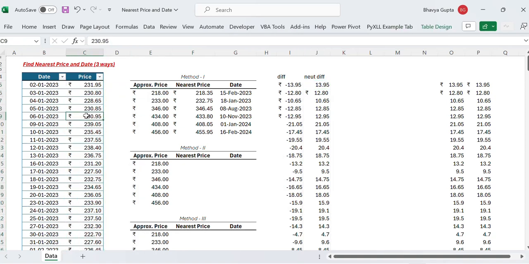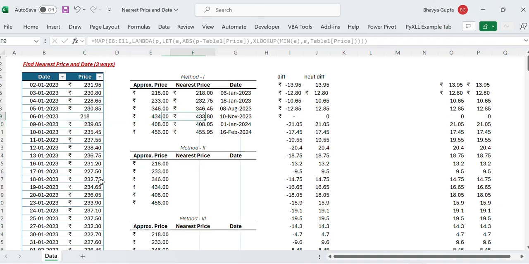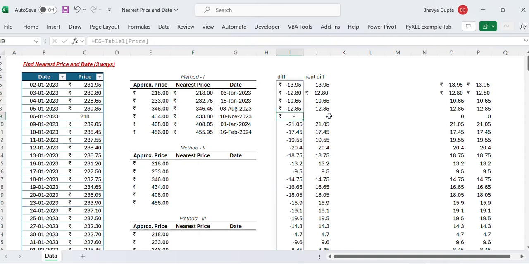So let's say if I change this value to 218, right? And if we see the corresponding difference here, we get 0 here. And also here, the nearest price is 218, right? So if exactly 0 is present, we will return that. A 0 difference means that the exact approximate price is present in the price list.